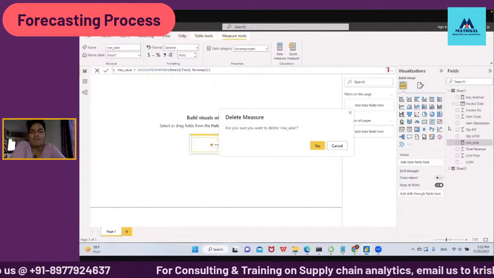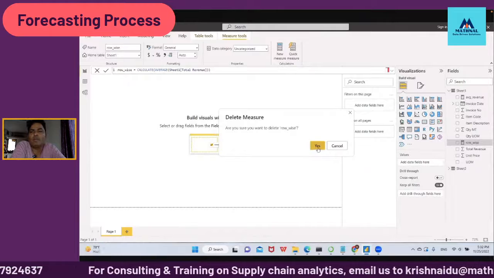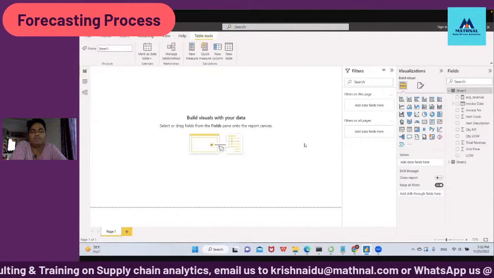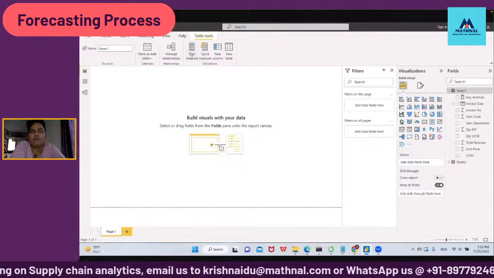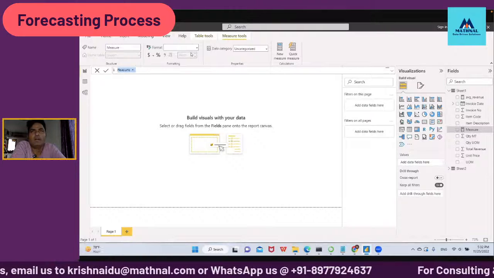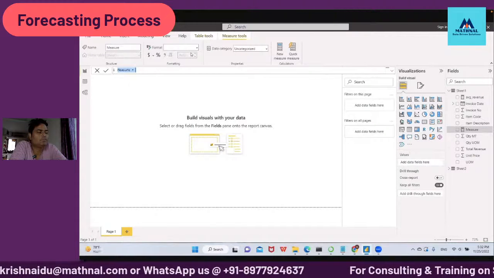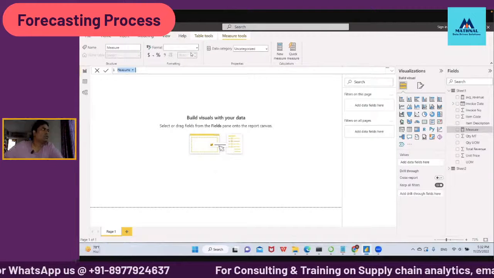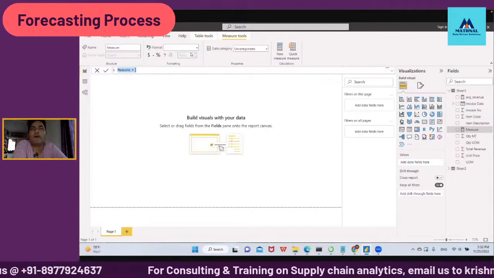Now this is what we have done. Now we have to find a new measure. The new measure is that I want to find the median, again row wise. Row wise means we will be focusing on item wise.